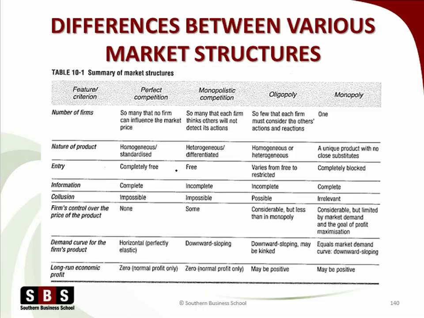In terms of the nature of the product, for perfect competition it will be homogeneous or standardized. For monopolistic competition, it will be differentiated. Oligopoly, it will be either one of the two, and for monopoly, a unique product. So this type of table you may get, where you compare the different market systems in terms of the criteria set there.